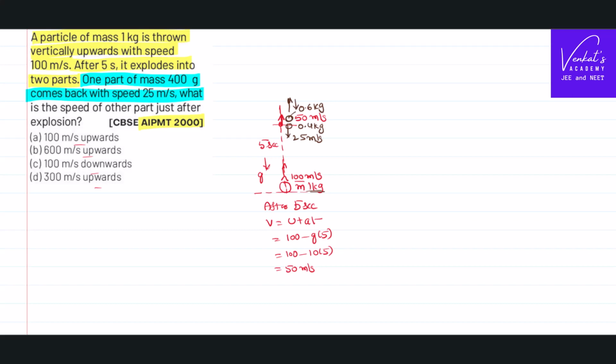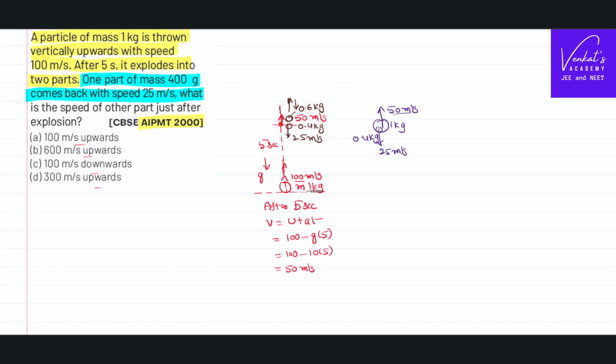I can apply conservation of momentum in solving this problem. Let's apply that. Initially, the whole 1 kilogram, this is after 5 seconds, is moving up with a velocity of 50 meter per second, out of which 0.4 kilogram is coming down with 25 meter per second.